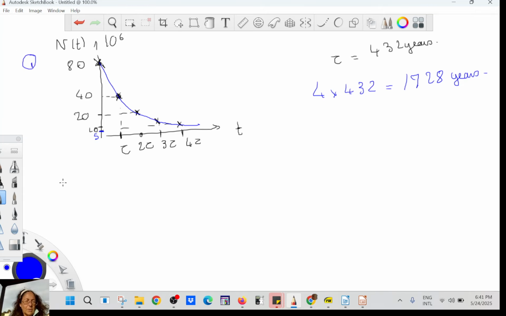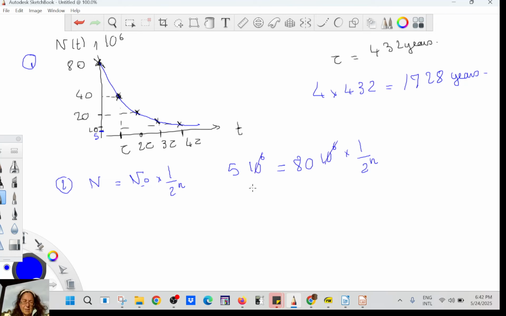Second way to do it, you can say, okay, you start with the initial number of nuclei N sub 0. You're going to divide by 2, and divide by 2, and divide by 2 every half-life, and at the end, you're going to get that number here. So that number here is 5 million, which is 80 million times 1 over 2 to the n, n being how many times it has been divided by 2.